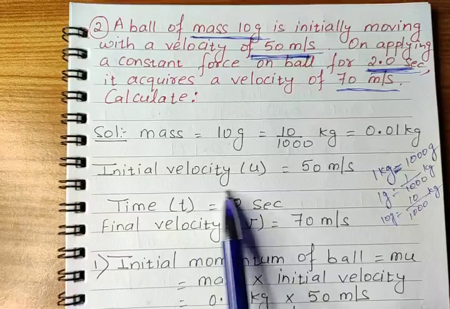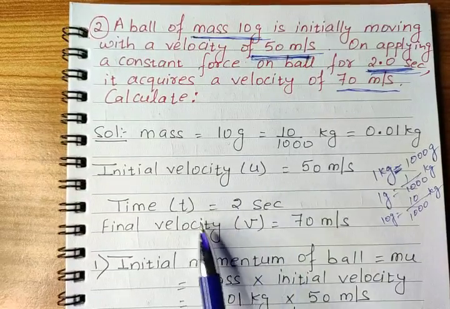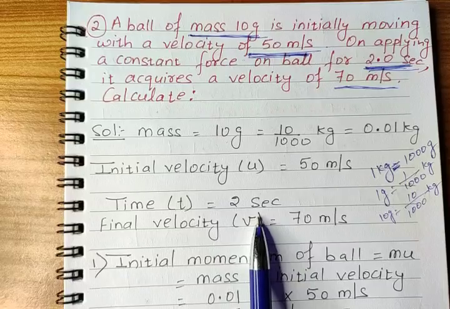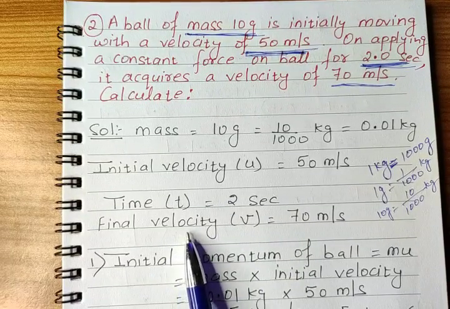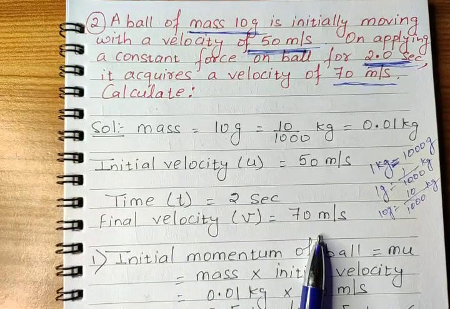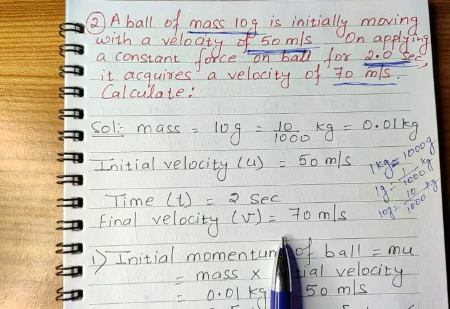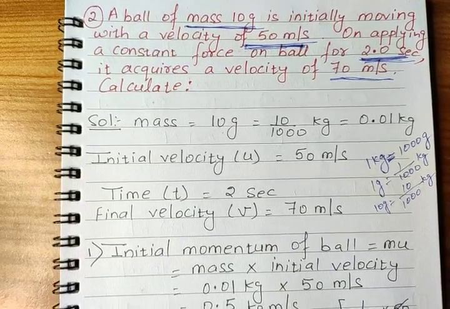Now what is the initial velocity? 50 meter per second. For how much time is force applied on the body? 2 seconds. And what is the final velocity of the body? 70 meter per second. Clear children? These are all given in the question. Now we will start calculating.